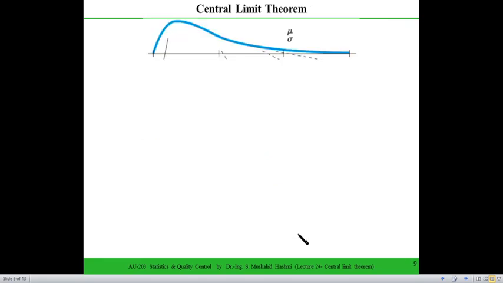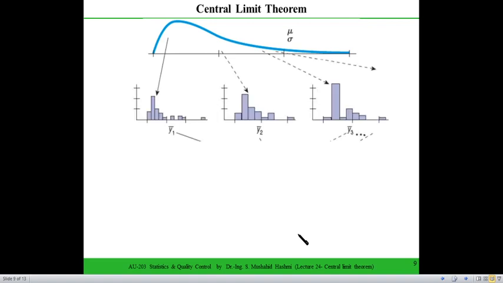And we can see, let's say we have a certain distribution with a mean and variance. What I do is I take different samples. Y1 bar is a mean value from the same population, Y2 bar is the mean of another sample, and Y3 bar is another sample. If I plot all these sample means at one place, they would be distributed normally.